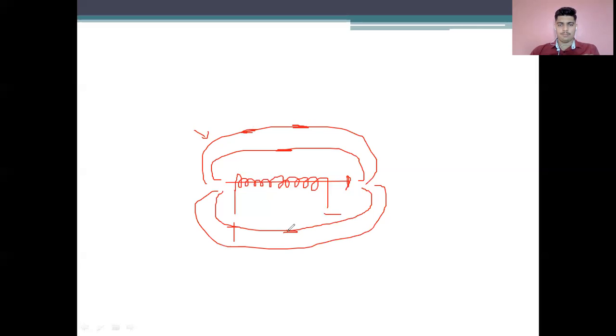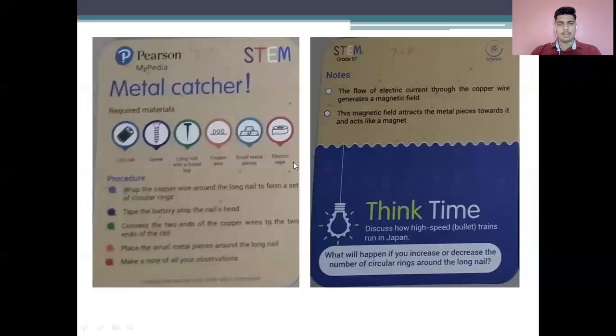Every small filling would be in this same electromagnetic field, and that will show the magnetic lines. Now, the flow of electric current through the copper wire generates a magnetic field.